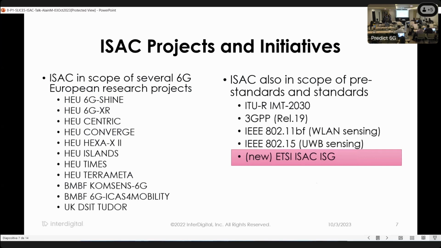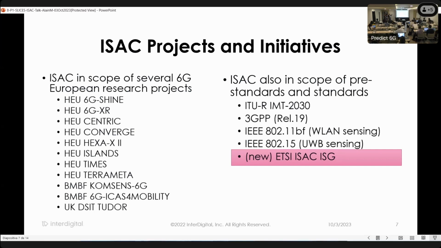So now next, just to introduce a bit what's going on with this capability in terms of research. There are a lot of projects, and fortunately for us here in Europe, many European Union funded projects that are addressing that capability of ISAC. So many in that 6G SNS program, like 6G Shine, 6G XR, Centric.